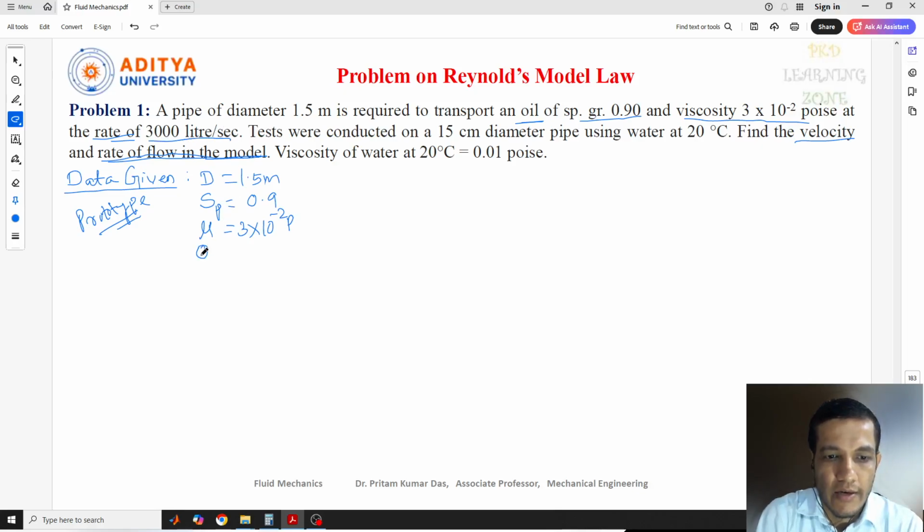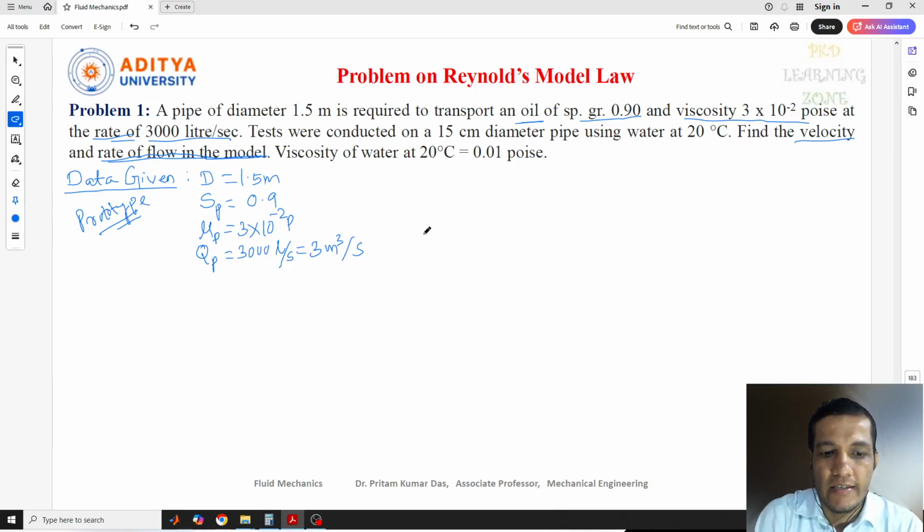This is for the prototype, and the discharge for the prototype is 3000 liter per second. This can be converted into meter cube per second, that is 3 meter cube per second.